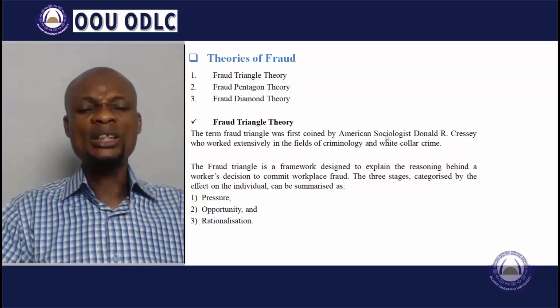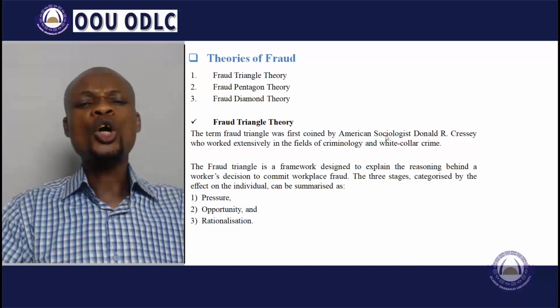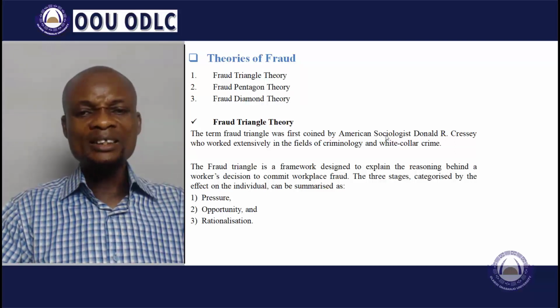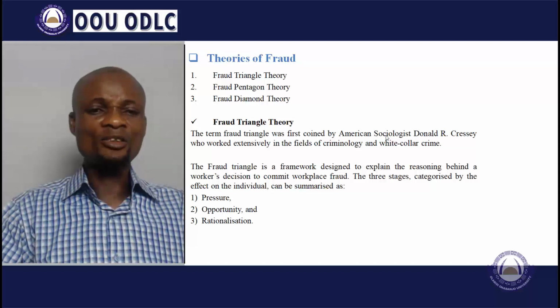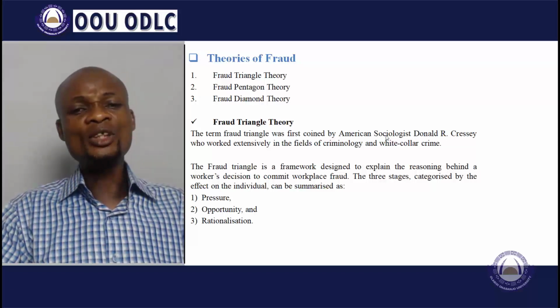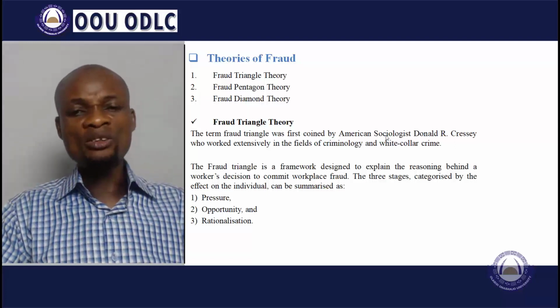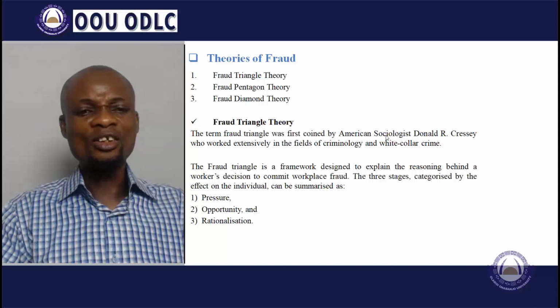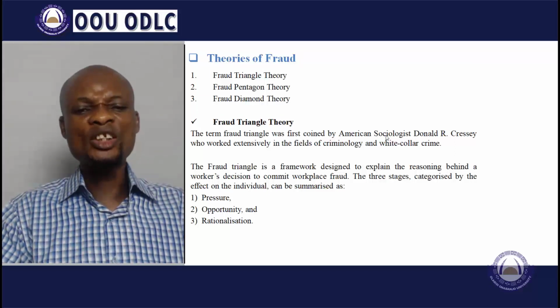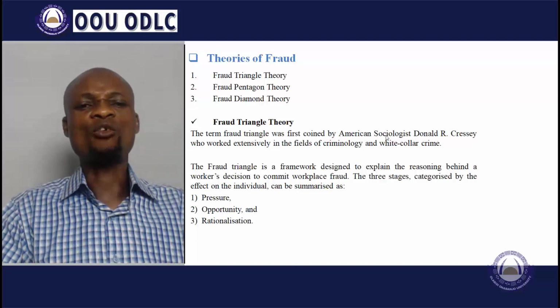Rationalizations are those justifications that people come up with to justify their indecent acts. You have seen situations where some workers say that they engage in employee fraud because they are underpaid, because the company is not forthcoming with their salaries and the rest. All these are rationalization.